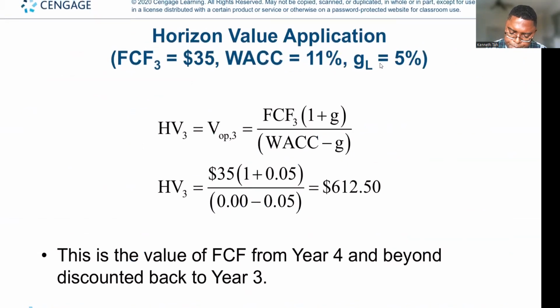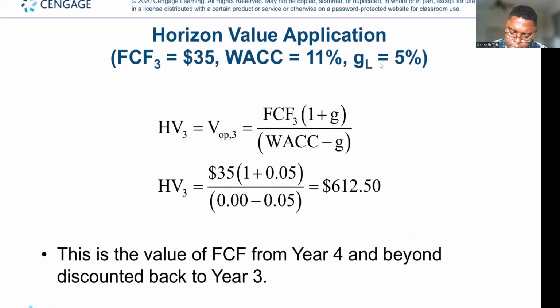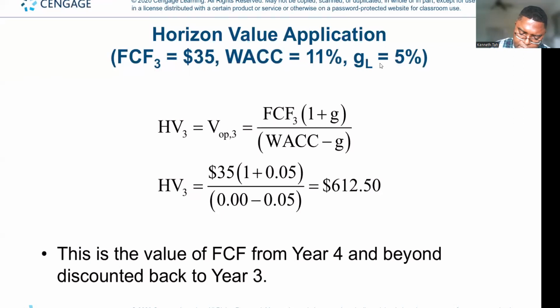If we do that, then we can get the horizon value at year 3, which is going to be the free cash flow year 3, 1 plus g.